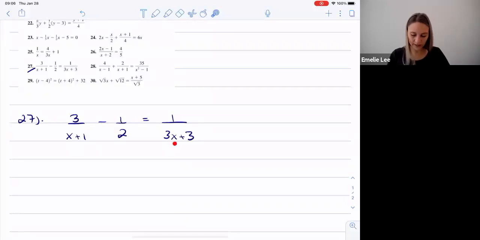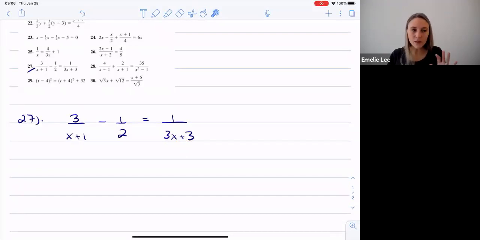Now with practice, you'll be able to factor out a common 3 here. So then you have 3 times x plus 1. And I'm going to leave that for a little bit longer. But those are things you're going to start to pick up on, right? Oh, okay, I can get an x plus 1, and here I'll have an x plus 1, right? And so things like that you'll start to notice.